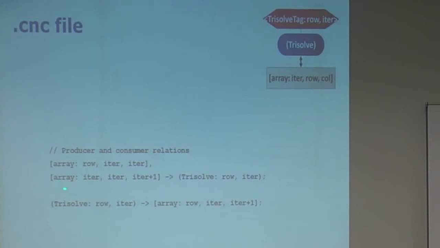So try-solve is consuming the array. In this one, try-solve is producing the array. Here we have a comma, which means that this try-solve is consuming both of these instances, for example.